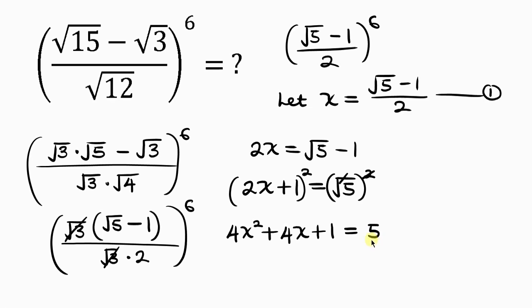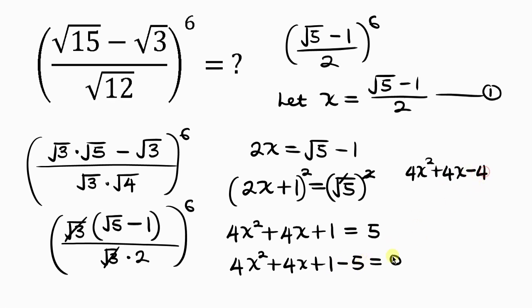Our next step will be for us to move 5 to the left-hand side so that we have 4x squared plus 4x plus 1. Now, as 5 crosses to the left, it becomes minus 5. And this is equal to 0. So this simplifies into 4x squared plus 4x. Now, 1 minus 5 is minus 4.